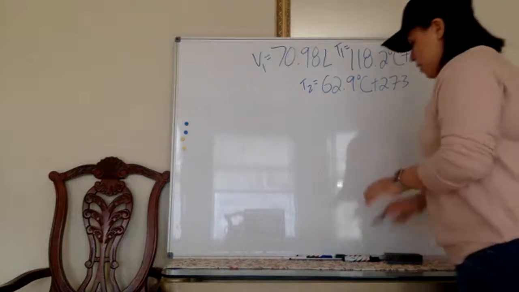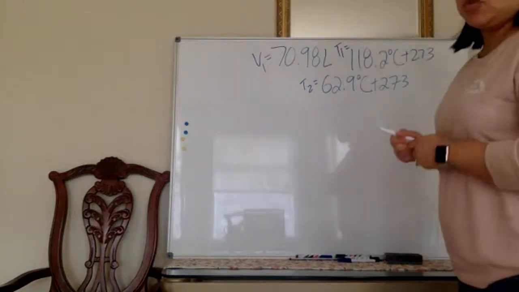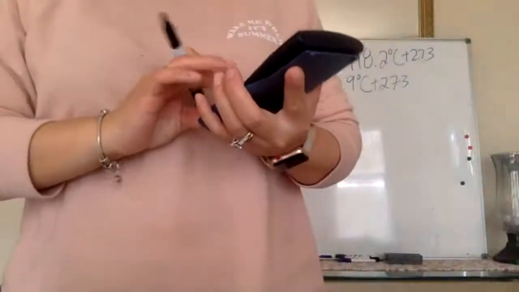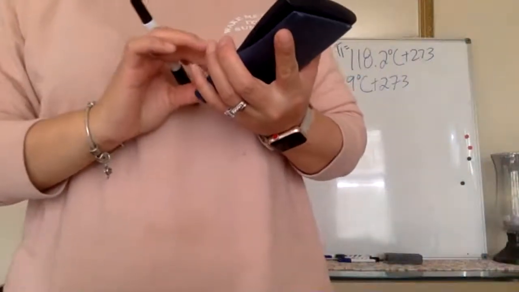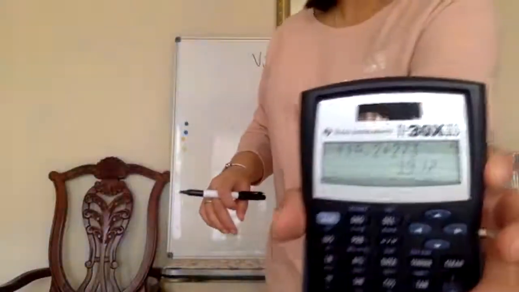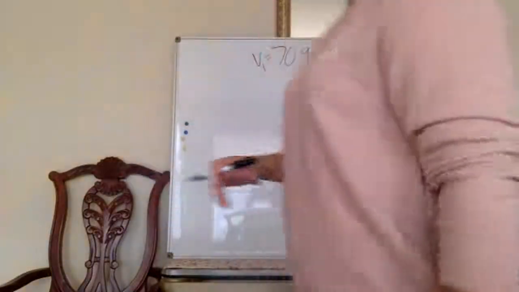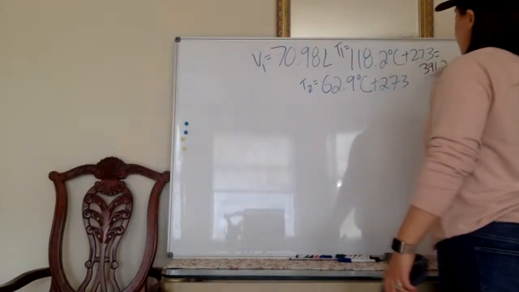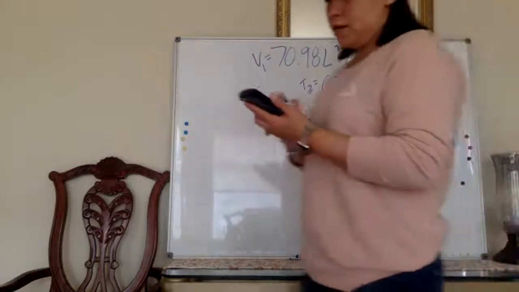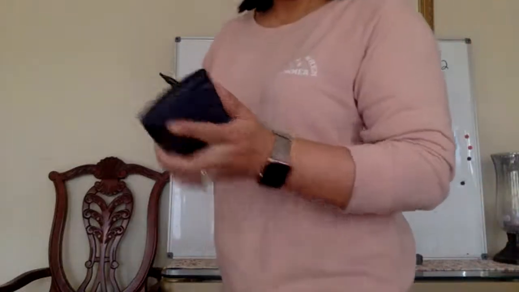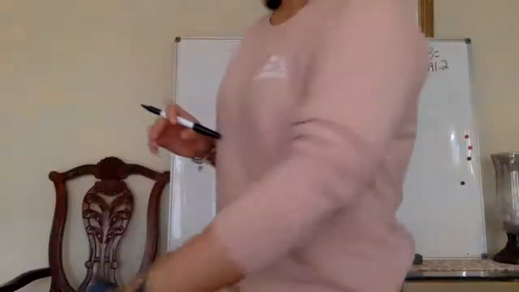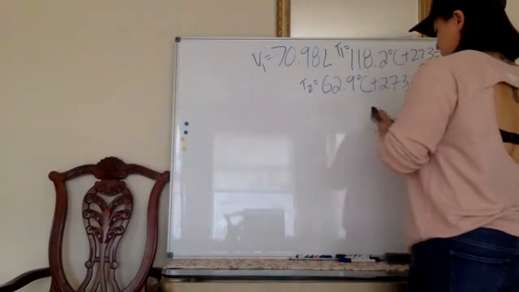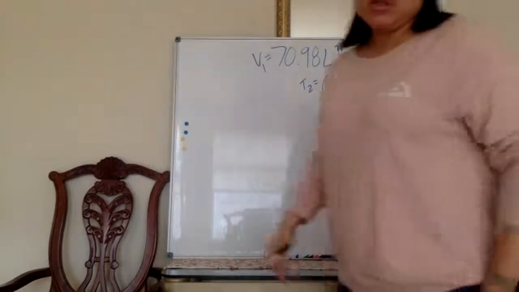So 118.2 plus 273 gives you 391.2, and 62.9 plus 273 gives you 335.9. So you're using those numbers.